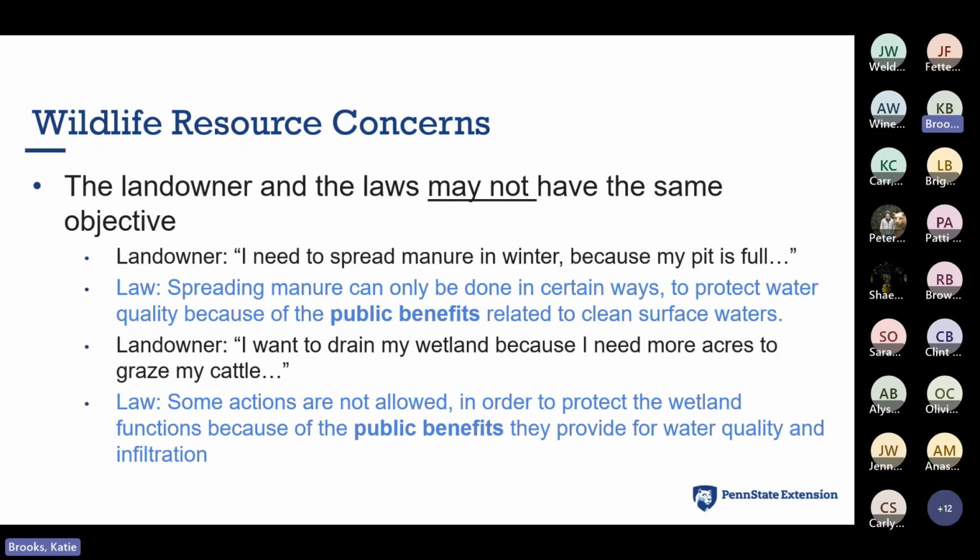Another example would be wetlands. Historically, we did often drain wetlands to get more land to graze or for crops. And then laws were created to protect wetland functions because there are public benefits of wetlands for water quality, infiltration, and flood control. And so there are times when the public benefits and the public resources outweigh what an individual landowner might think is best for them.